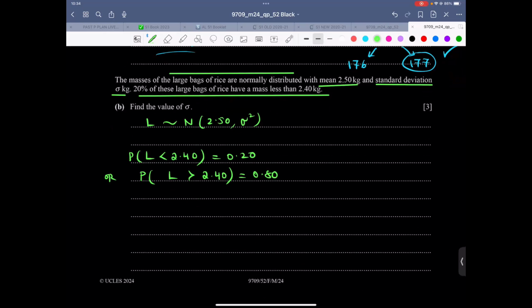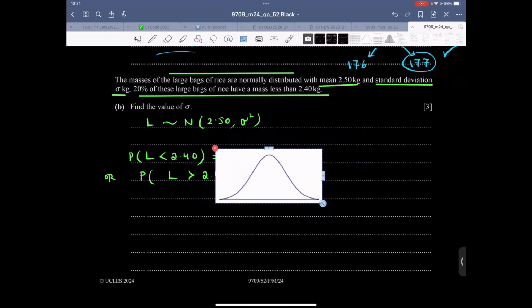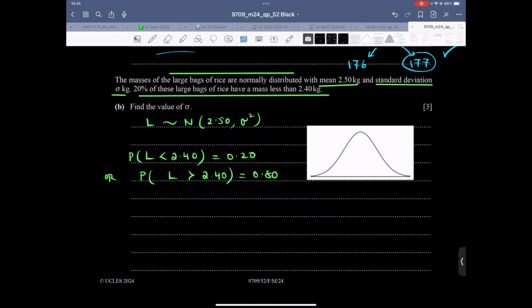So now, if you want, I can show it with a graph. And let me put the graph over here. That means there is a particular value over here. Let's say this is 2.40. And this area under graph represents 80%.